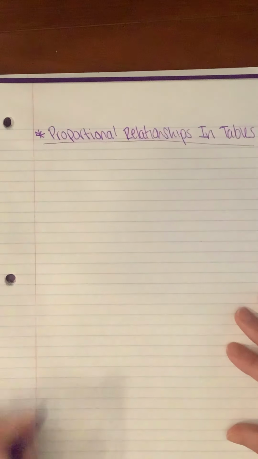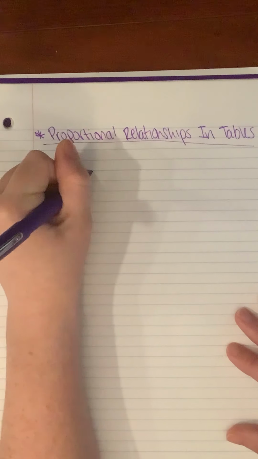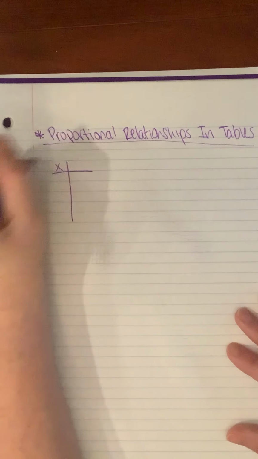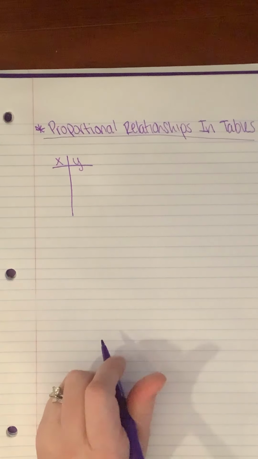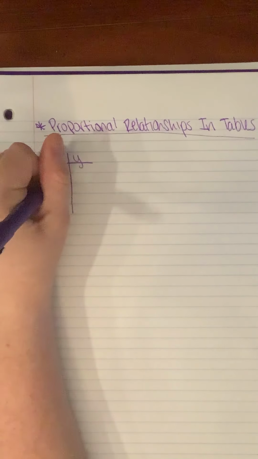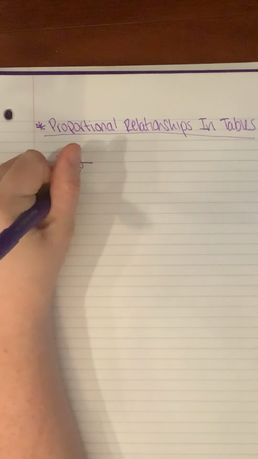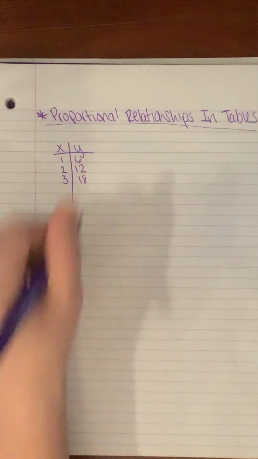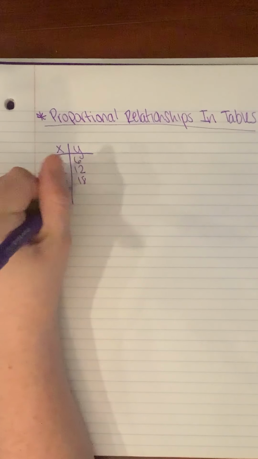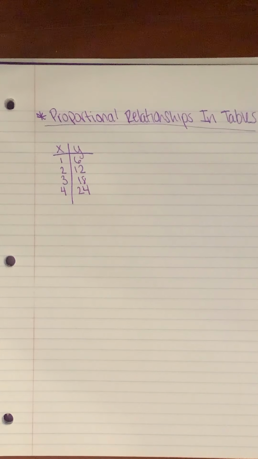So remember, when we had a table, let's say you had a vertical table, and on the left side we had X, and on the right side we had Y, and let's say my table starts with 1 and 6, 2 and 12, 3 and 18, and 4 and 24. So in order to check if this table was proportional, what did you guys do last year?